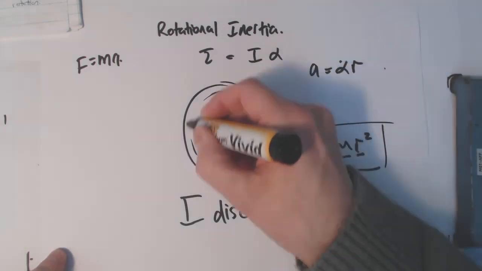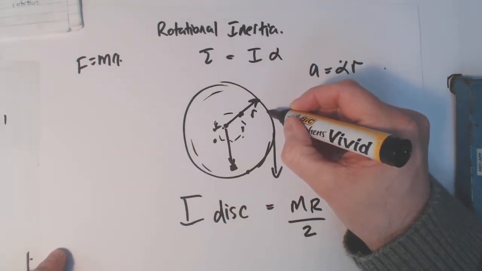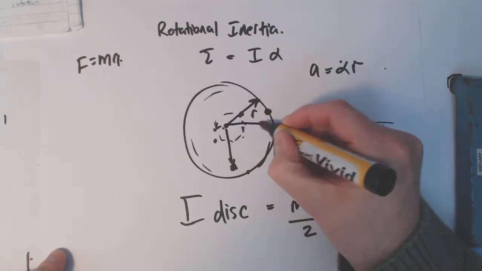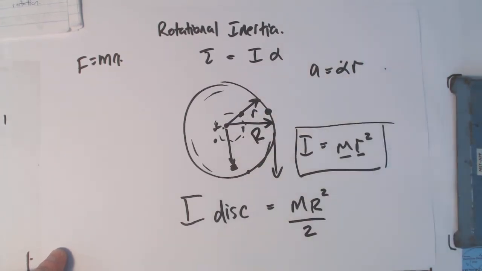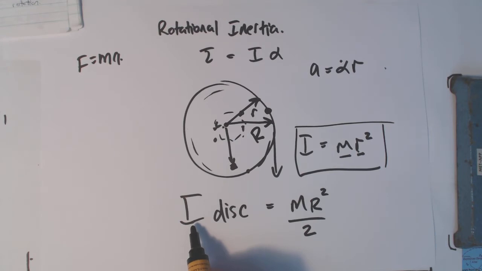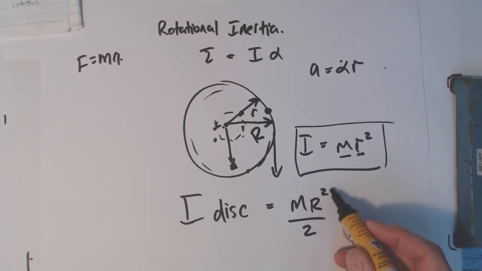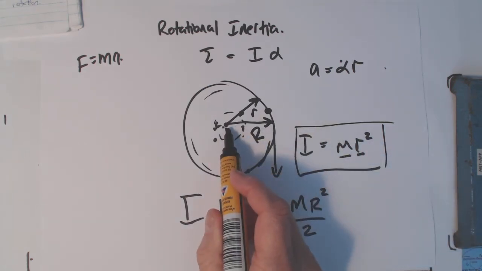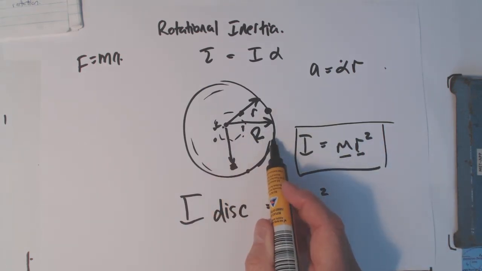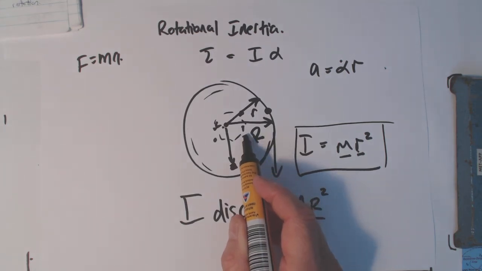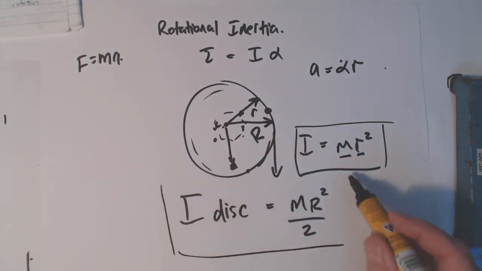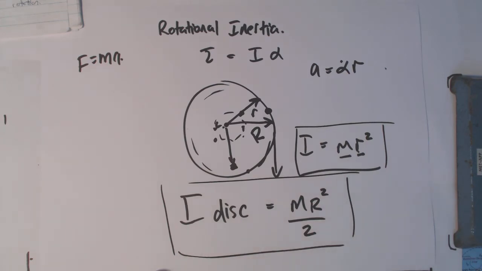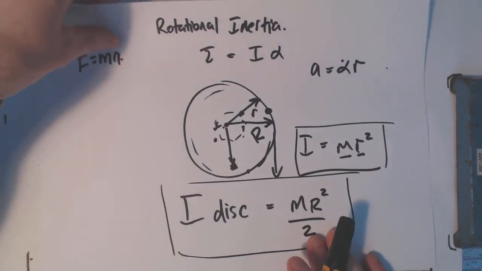If all the mass of this big disk was located at the outer radius, big R, then I for the disk would just be MR squared. But some of it's got a very little rotational inertia, some of it's got the big MR squared, some's in the middle. So when you add them all up with calculus, and for the pain of it, I might do this in class, we will find out that the formula for a disk is that.